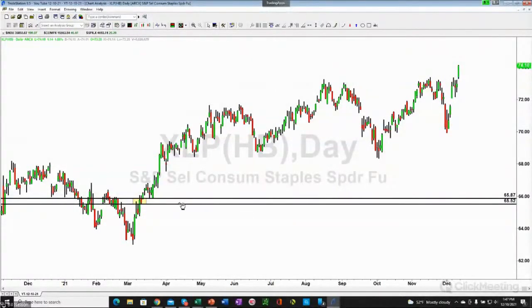This is what gives us the confidence to pick an area here at 65.87 down to 65.50. So this is a smaller zone for sure. But when we see our series of red candles coming down, we anticipate price having an easier time moving through this area.